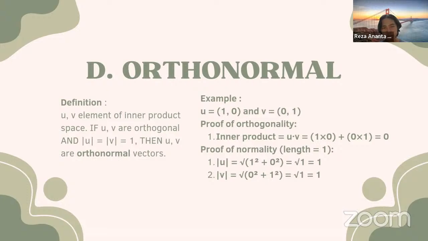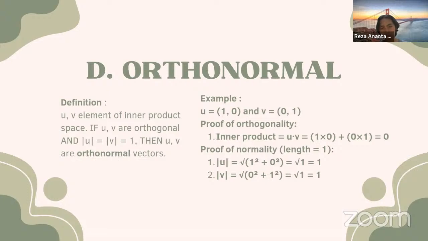So u dot v is equal to 1 times 0 plus 0 times 1, which is equal to 0. And then we want to prove the normality, I mean the norm is equal to 1. So the norm of u is equal to the square root of 1 squared plus 0 squared, which is equal to 1, and also for v.